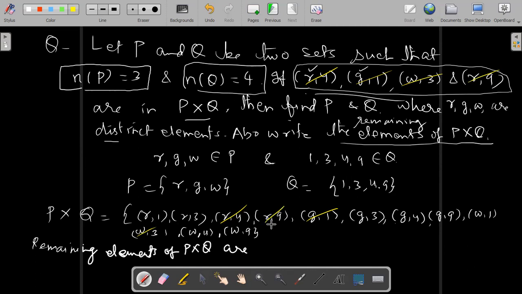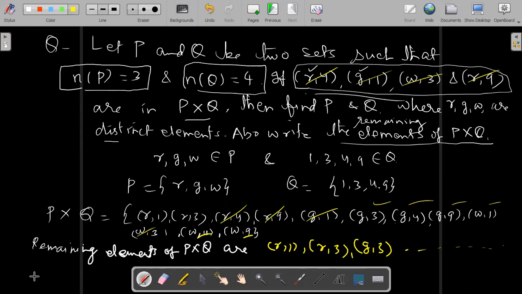The rest of the elements you can write here: R1, R3, G3, G4, and like this you can write all the others. So these are the remaining. Sometimes they can ask like this also.